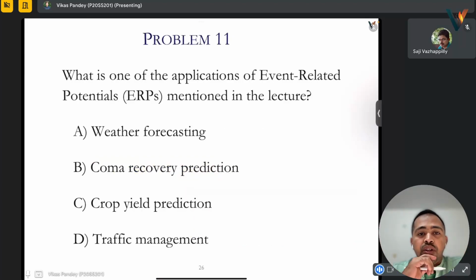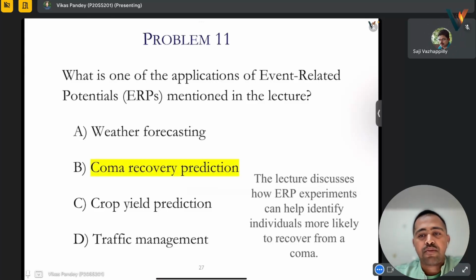What is one of the applications of event-related potential mentioned in the lecture? Weather forecasting, coma recovery prediction, crop yield prediction, or traffic management? Coma recovery, sir. Coma recovery prediction. It can be used to identify individuals more likely to recover from coma.